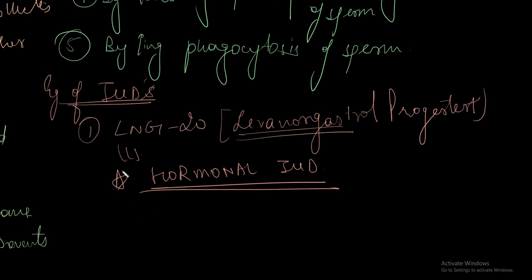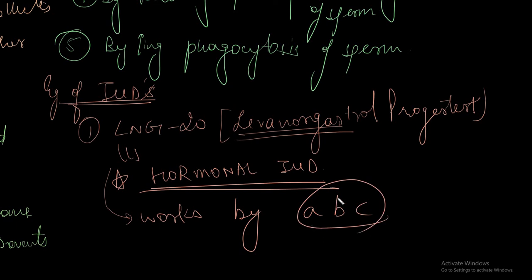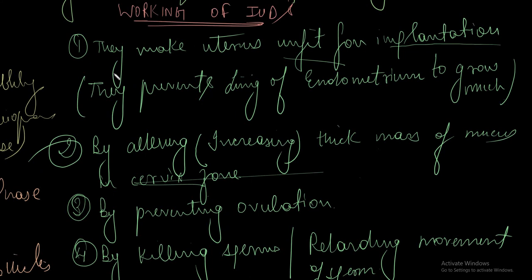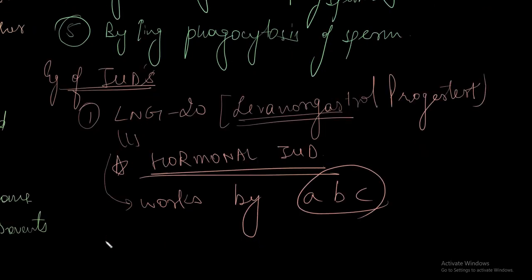Now how does it work? Works by ABC. What is ABC? These 5 points. This is A, this is A, B, C. Works by ABC.